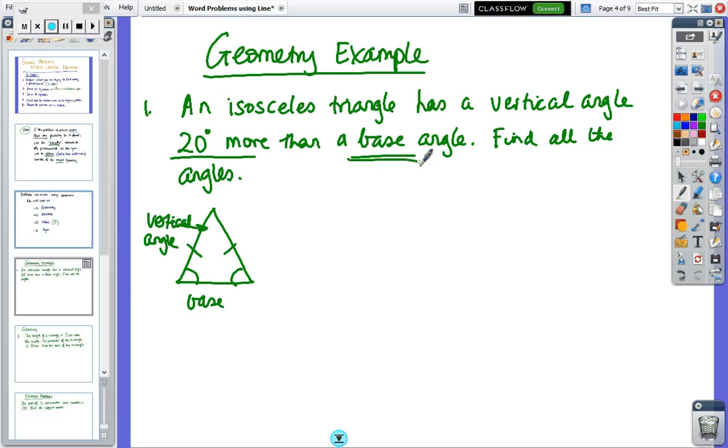So that means that the base is the smallest angle. So I'm going to say let x be the base angle. And then the vertical angle is 20 degrees more.